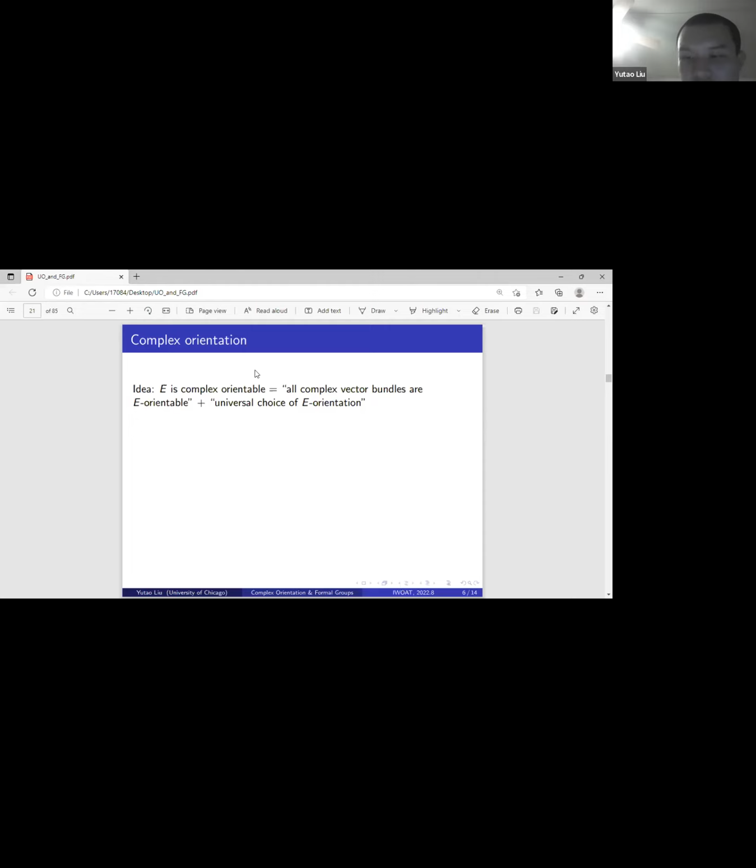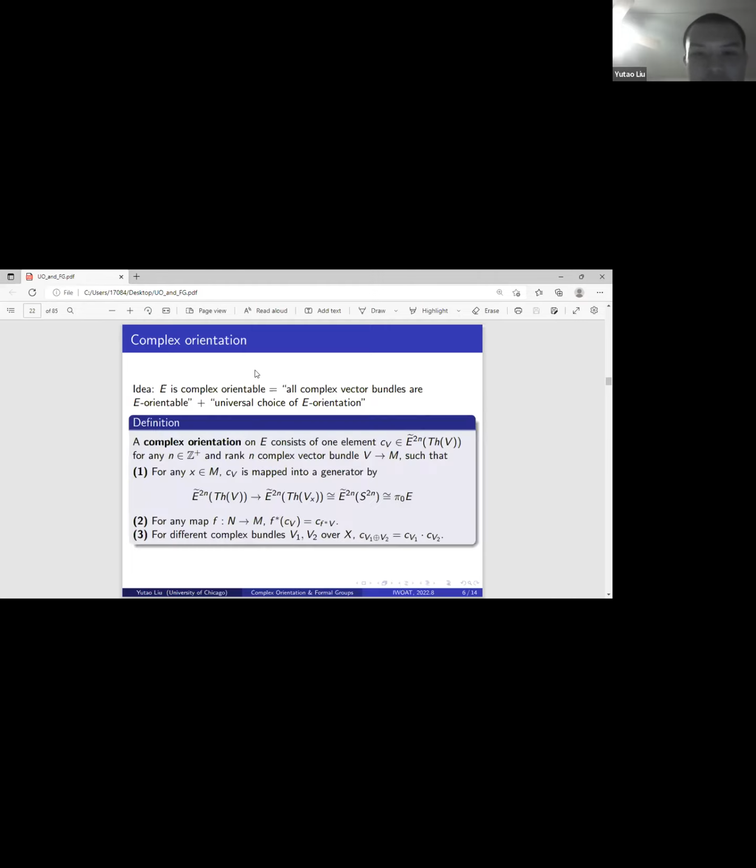So here you have the definition which includes these two ideas and makes them more precise. You know that for each single complex vector bundle, its orientation is expressed by an element in the cohomology of the Thom space. So now you want to choose one Thom class for each complex vector bundle.